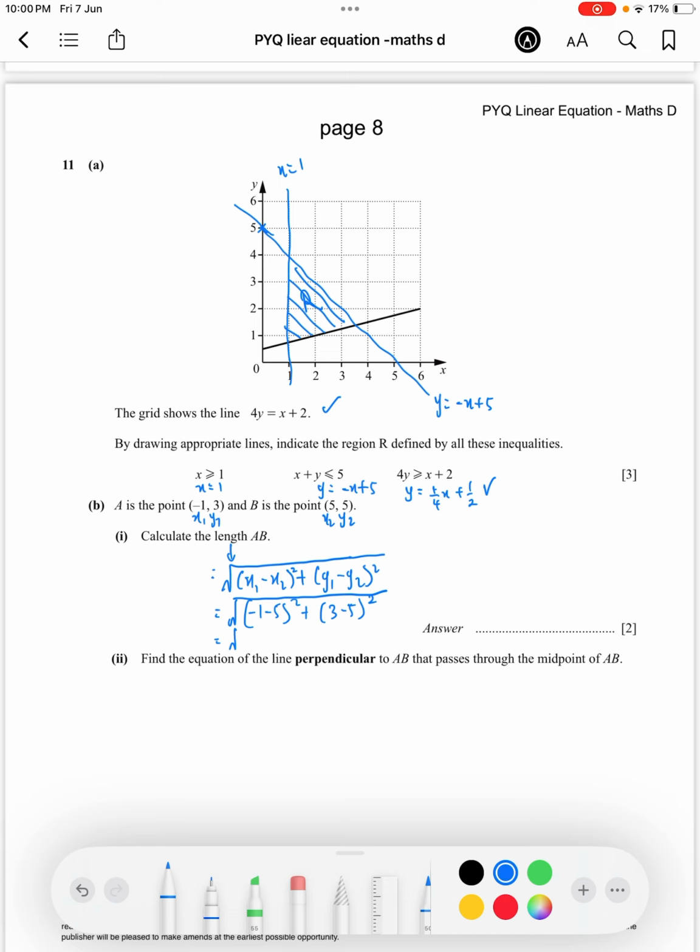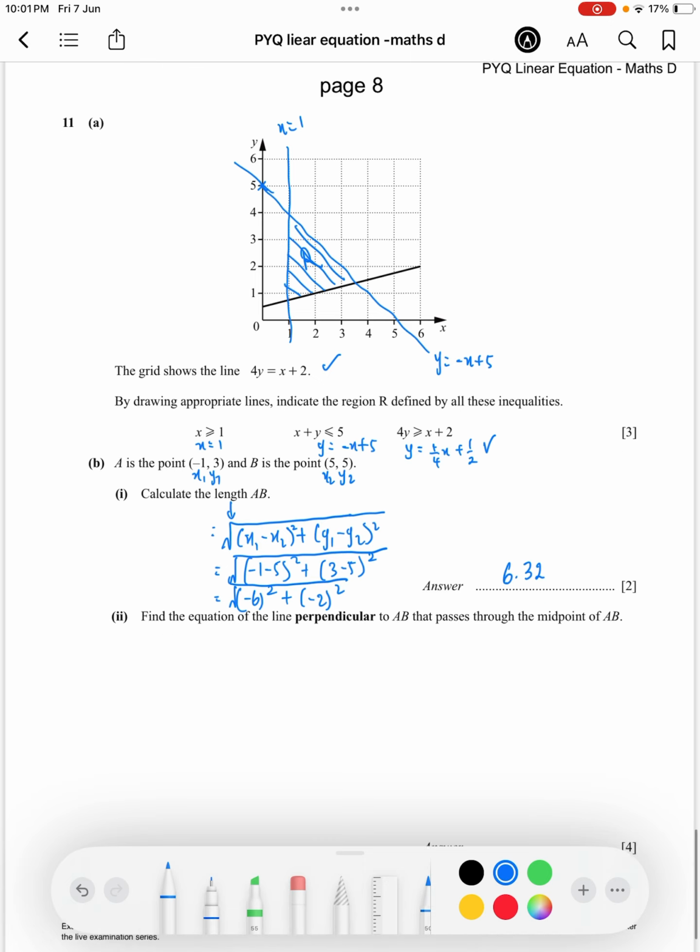Simplify that: that would be (minus 6) squared plus (minus 2) squared. Go ahead and simplify that, take the square root, and you should get your answer correct to 3 significant figures, 6.32.